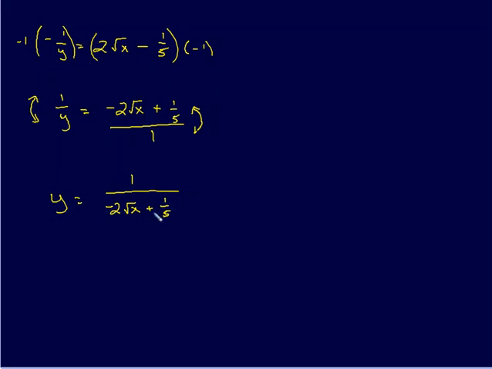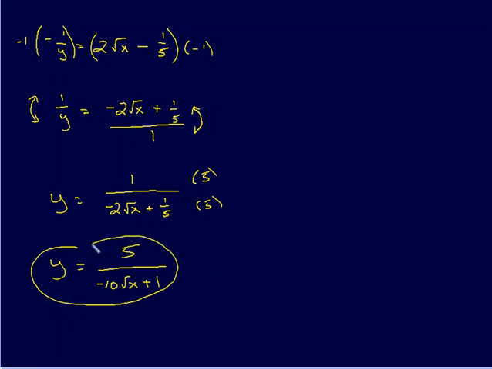And since we don't really want the fraction within a fraction, we're going to finish it off by multiplying by 5 over 5. So my final equation is going to be y equals 5 over negative 10 root x plus 1. So that, guys, is your equation solved for y, and the derivative of this equation will satisfy the differential equation in the previous screen.